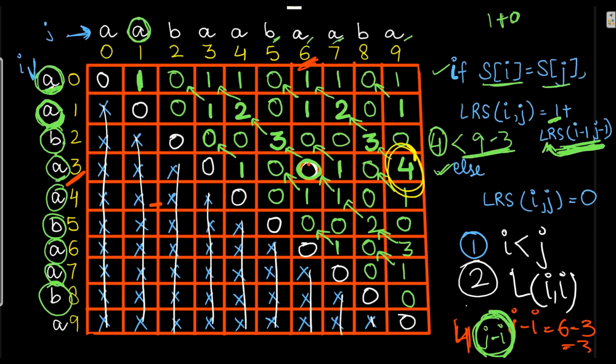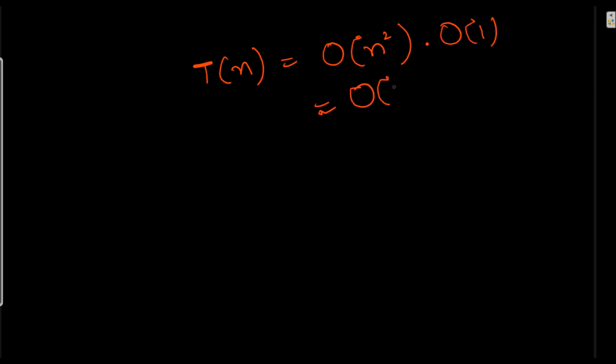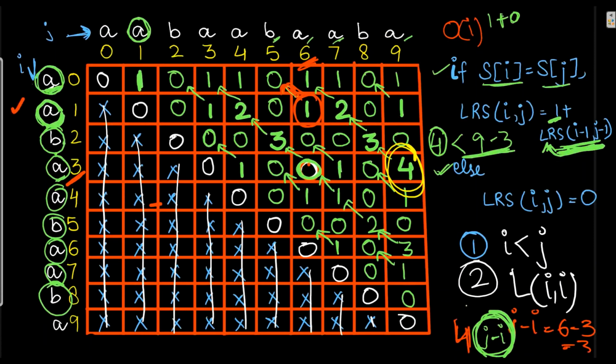And then we are filling up the dynamic programming with the help of its diagonal, so it will take order of 1. So the time complexity will be order of n square into order of 1, so it will be order of n square. And space complexity will also be order of n square, as we are taking the help of dynamic programming.